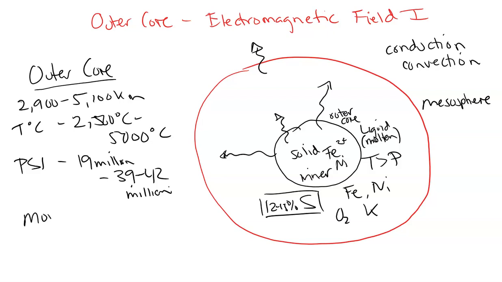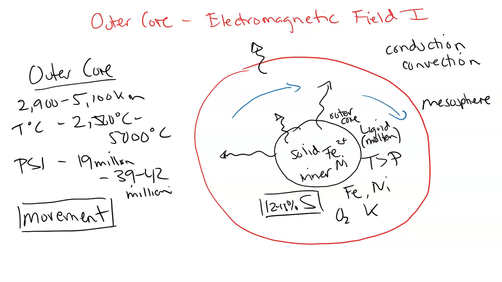Now, it is moving. This is very important to remember and keep in mind all through this video: the movement. This outer core, this molten, millions and millions of tons of molten iron and nickel at 2, 3, 4,000 degrees Celsius, is slowly but surely circulating around the inner core, underneath the lower mantle, in what we call turbulent convection.